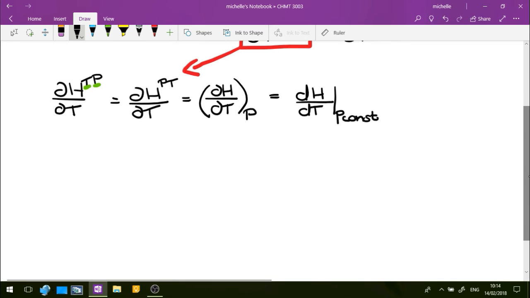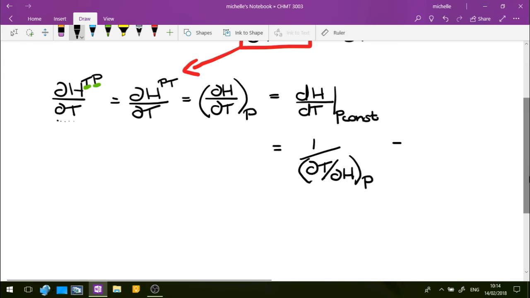And now we're going to just go upside down. It's also equal to 1 over the partial derivative of T by dh, keeping P constant. So this equation here is the same as this equation here, because when you bring it up, it's the same thing. What is it also equal to?